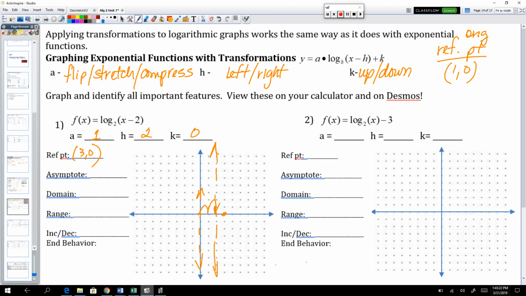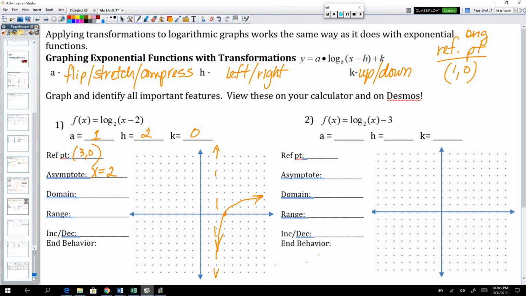And then there is no up-down on this one, but if it was to shift up or down, that would have no impact, because moving a vertical line up or down has no impact, right? So our new asymptote is x equals 2. Okay, so we use all of this to graph our function as best we can.